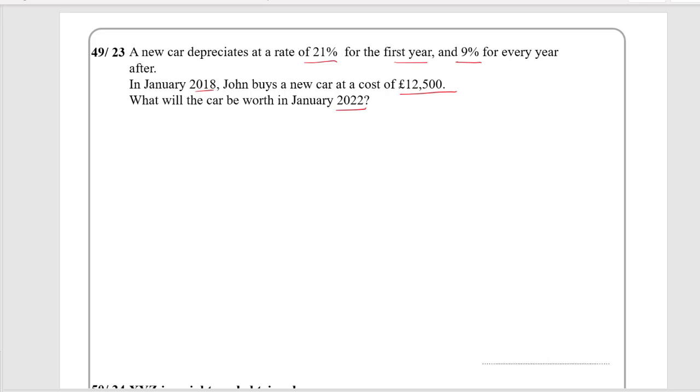So first year it depreciates at 21%. If we want to find out the value after depreciation, we can just multiply the value of the car by the multiplier of 21% depreciation. So basically I just divide 21 by 100.